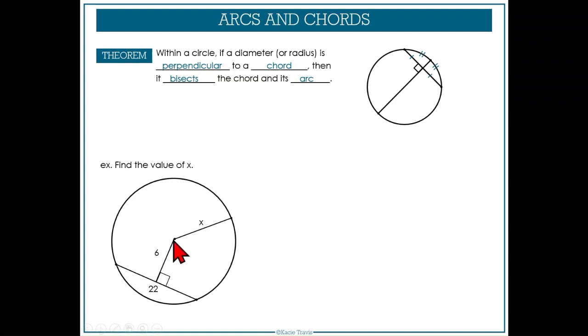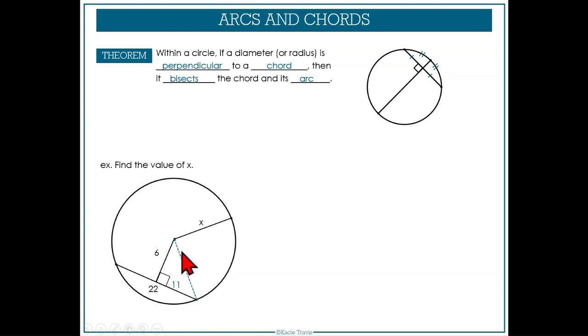I noticed that this side here is perpendicular to this side, and that this side is x. So let's figure out some information. If this is perpendicular to this chord, then this chord has two sides here, 11 and 11, because it's being bisected.